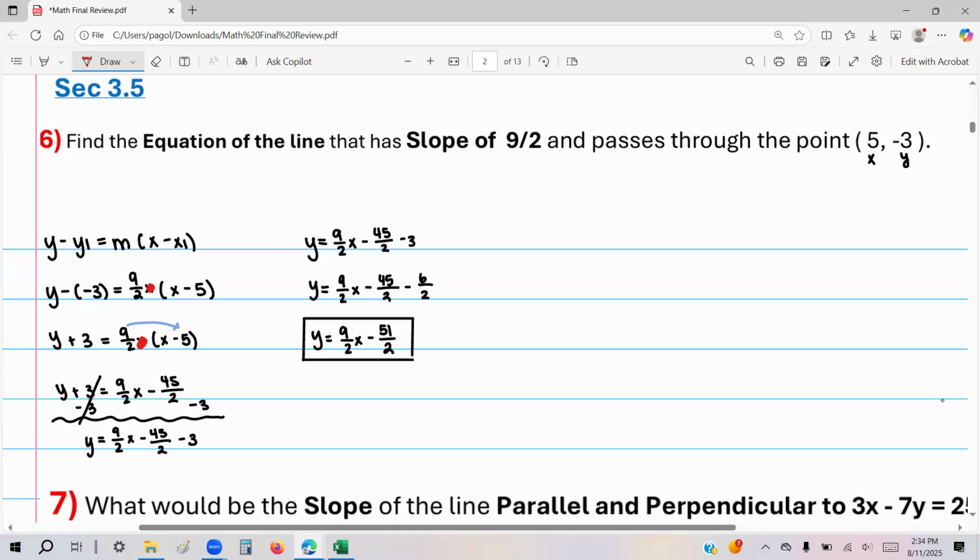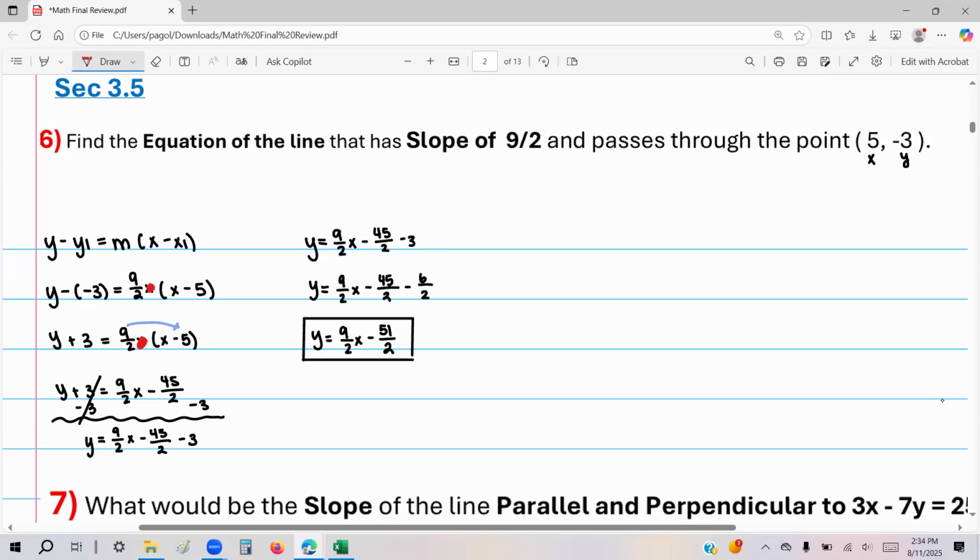Negative turns into positive. So y plus 3 is 9/2 x minus 45/2. You subtract 3 from both sides. So you get y equals 9/2 x minus 45/2 minus 3. These two are like terms, so you can combine them. But in order to combine them, you need the same denominator. So the same denominator is 2.